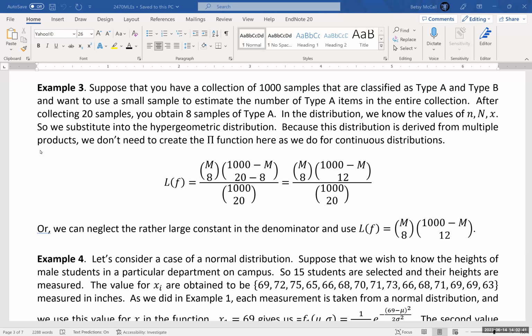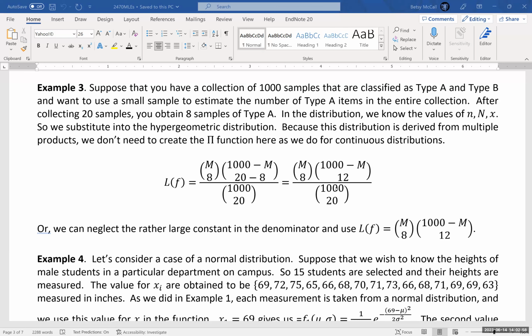We know the sample size that we took here was 20, and we know the number of type A that we got out of the distribution, which was 8. And so our hypergeometric distribution looks like this.